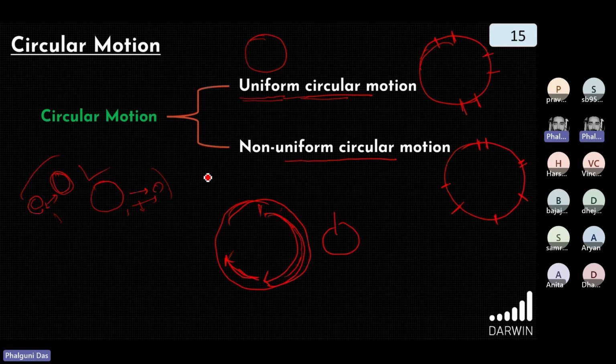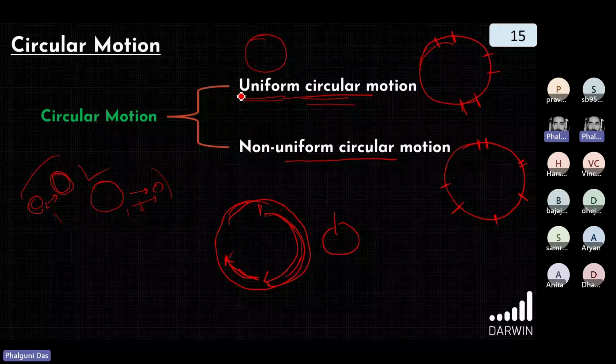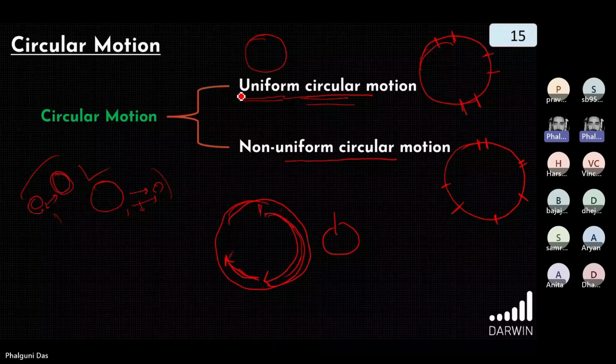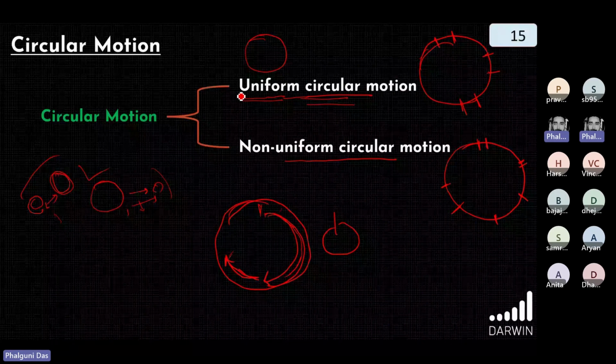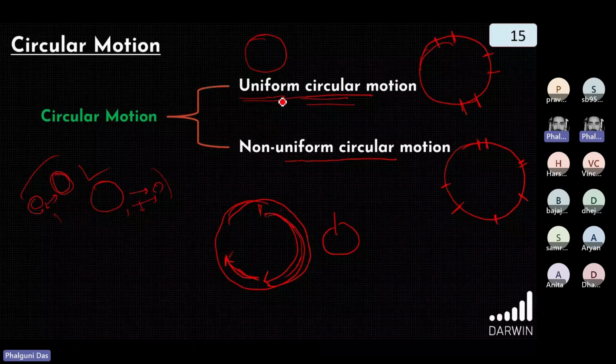In uniform circular motion, the object moves with constant speed, but as a point of introduction, even when the particle moves with constant speed, it can be associated with some acceleration, and that acceleration we are going to study here. But where it comes from, we are going to learn in the next chapter, motion in a plane.